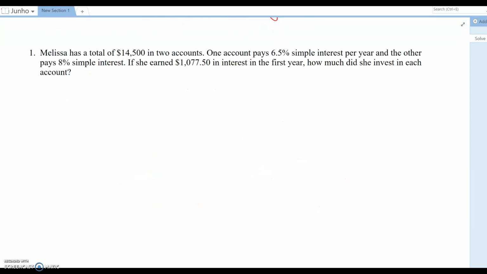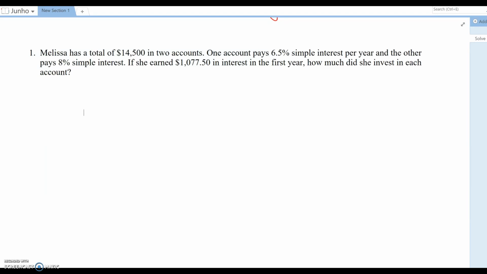Let's look at one more question. Melissa has a total of 14,500 in two accounts. One account pays 6.5% simple interest per year, and the other pays 8% simple interest. If she earned $1,077.50 in interest in the first year, how much did she invest in each account?